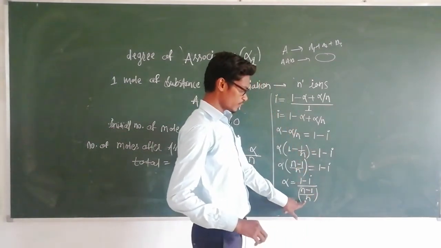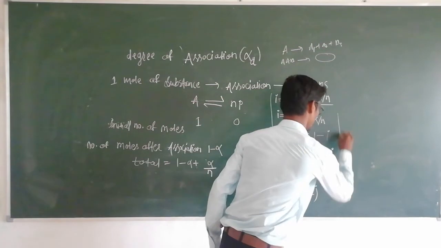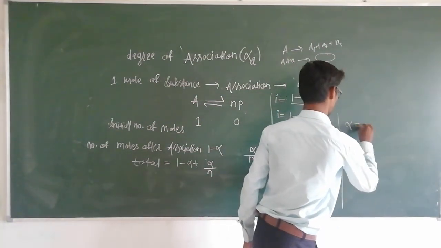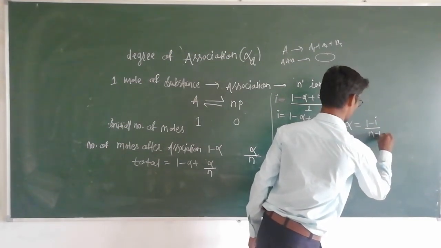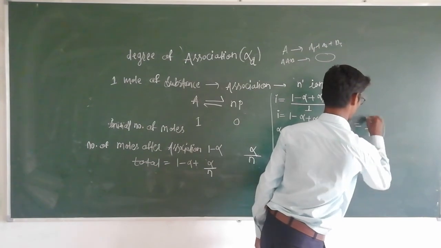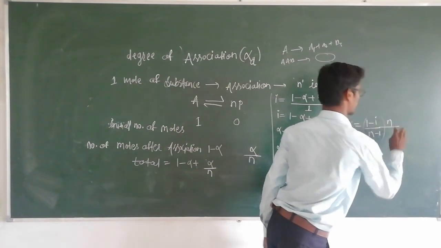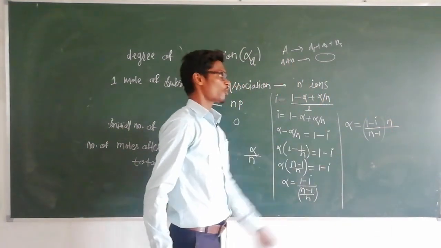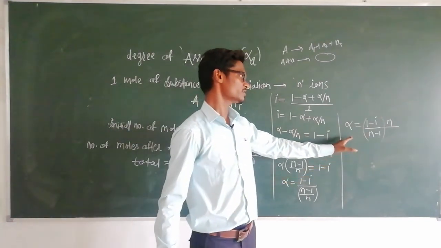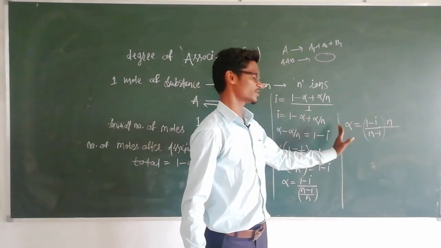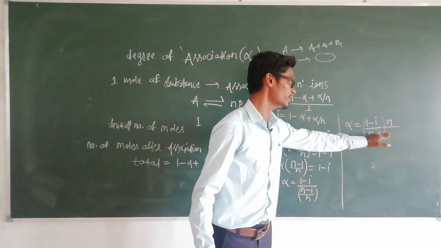This n gets shifted towards the numerator, so alpha is equal to (1 minus i) divided by (n minus 1), and this n gets transferred over to the numerator. So this is the formula for degree of association: alpha is equal to (1 minus i) divided by (n minus 1), multiplied by n.